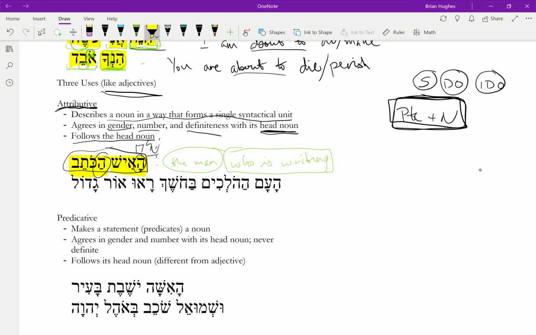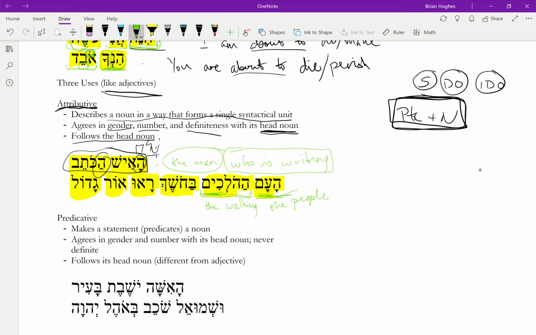Another example, ha'am hahol'chim bachoshech ra'u or gadol. I'm going to translate this, and you should quickly figure out what it's talking about. So we have ha'am is the people, right? Hahol'chim we have as the walking. Okay, and I have to fudge a little bit here because am is masculine singular, but this is masculine plural.